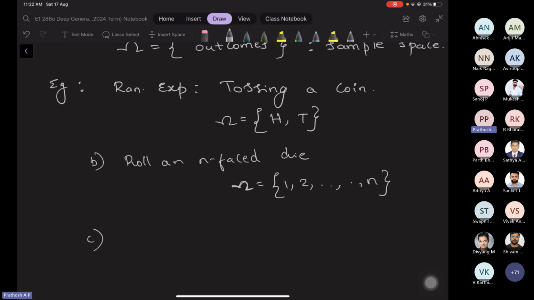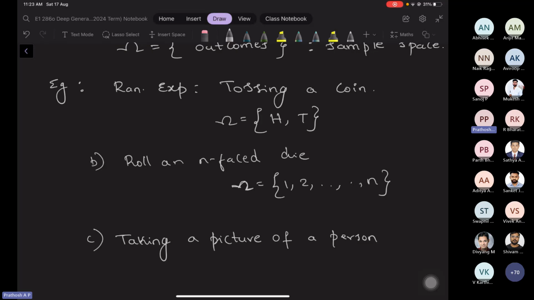Now, we are not interested in rolling the die or tossing a coin. We are interested in looking at an image and finding out whether it's a man or a woman, right? So now taking a picture of a person is a random experiment. Can you visualize taking a picture of a person as a random experiment?